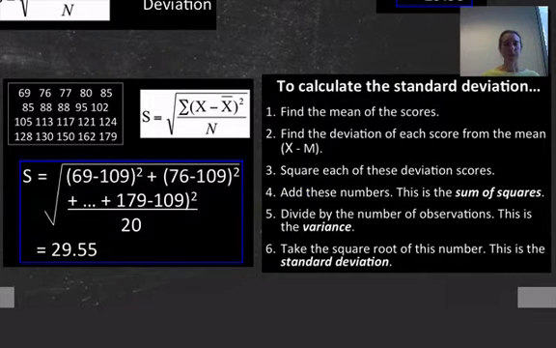And so that's going to give us, again, the sum of squares. We divide that by the number of observations, and this is our variance. And then we take the square root of this number, and this is the standard deviation. And so doing this, we see that across the 20 rides, my rides were 109 kilometers on average, and the average deviation was 29.55 kilometers.